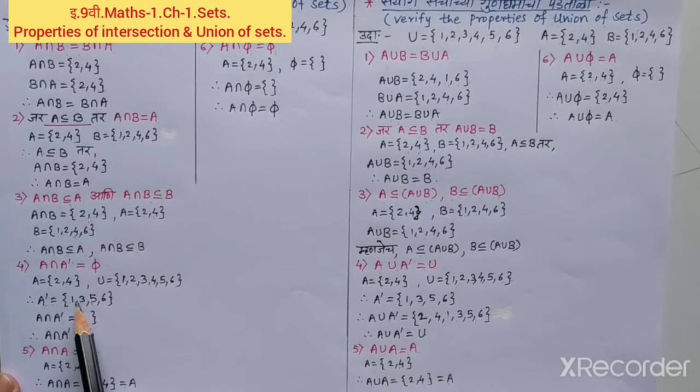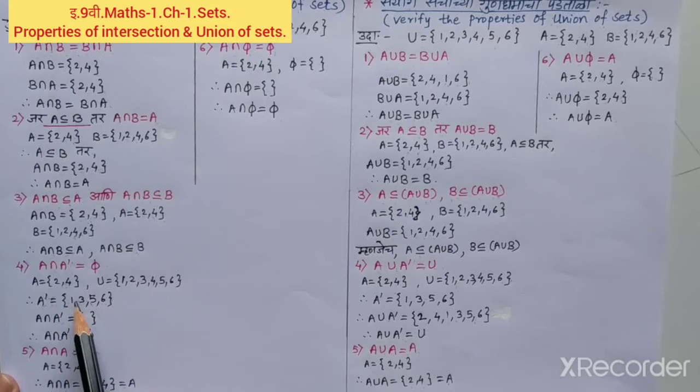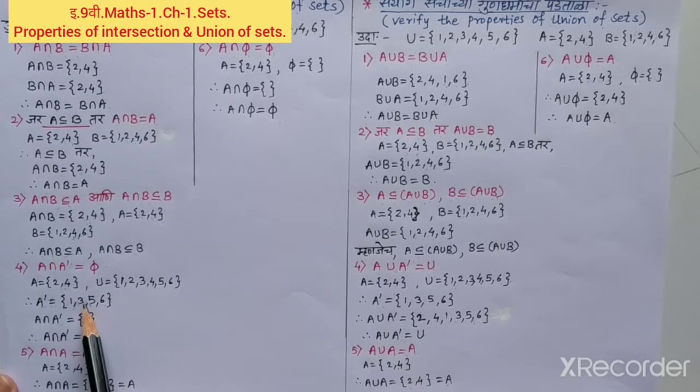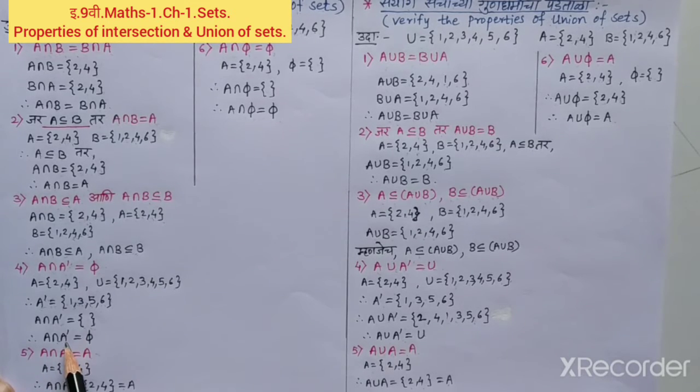If we take the intersection of A and A dash, we write only the common elements. But if we observe carefully, there is no common element between A and A dash, so their intersection will be the empty set. So A intersection A dash is equal to phi.